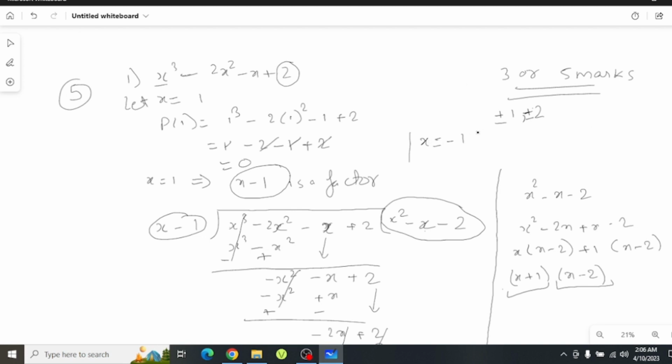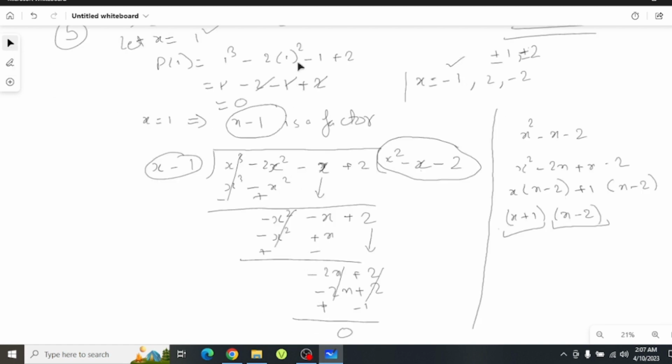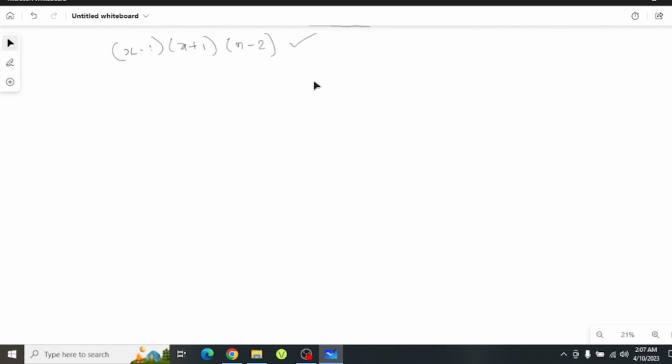This will surely give you 0, and if not, then you have to take x equal to 2 and then minus 2. But in exam questions, generally you will get 0 by 1 or minus 1. So with this question we have completed our exercise 2.4.